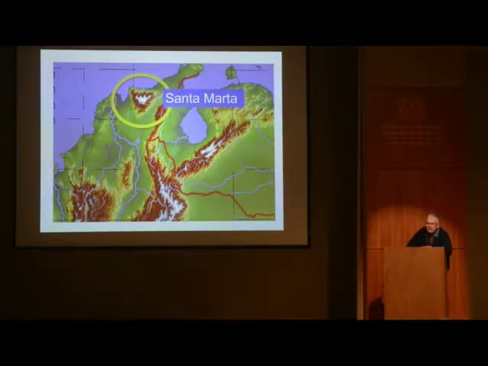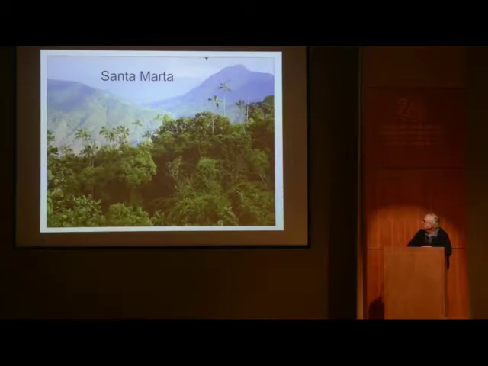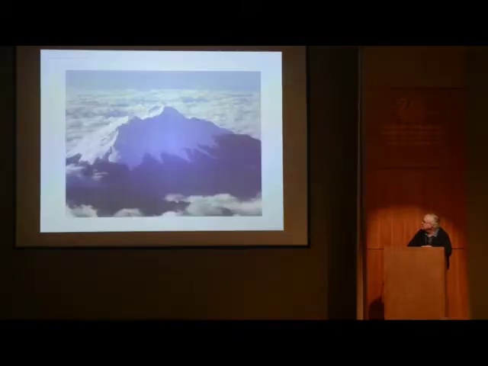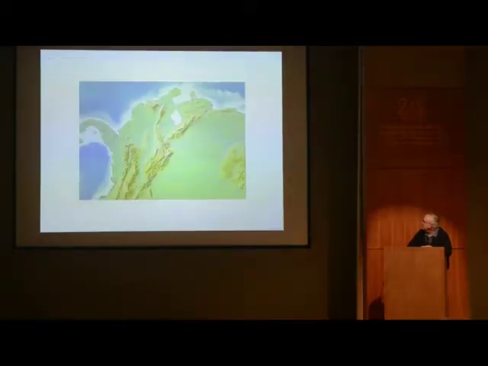Well, what's happened here in this part of the world is the high mountains of the Andes, in this area, dip down and go deep underground, thousands and thousands of feet underground, the same rock structures, and then they pop up again to the north.